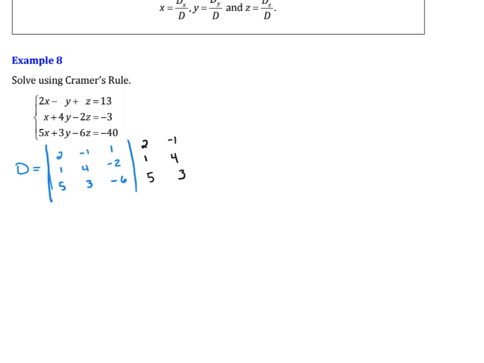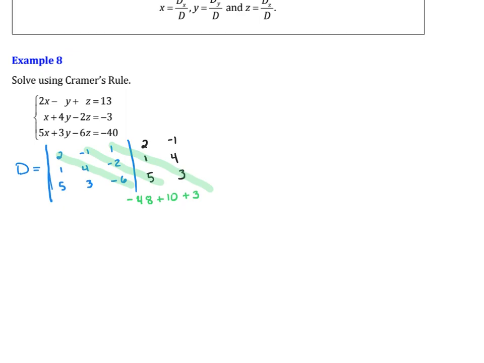So let's go down. 2 times 4 times -6 will be -48, plus -1 times -2 times 5 is going to be +10, and then 1 times 3 is just 3.